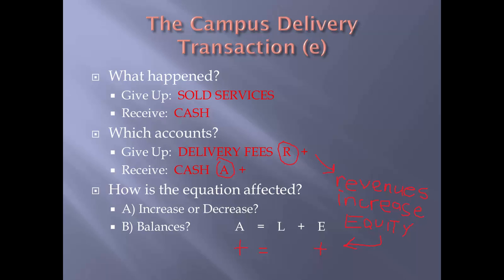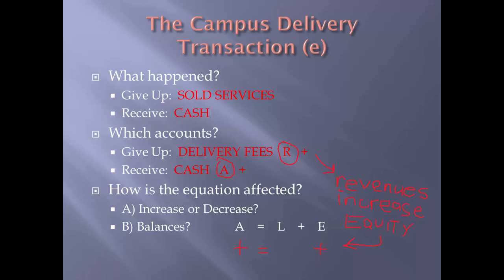And so the business is receiving cash, and what they're giving up is that Amanda had to go around and do a bunch of services, so she had to sweat, she had to work and put a bunch of time in. That's what the company is giving up, the fact that we had to perform these services.